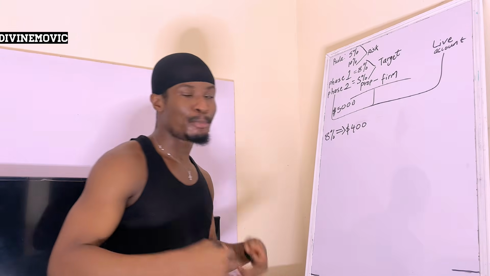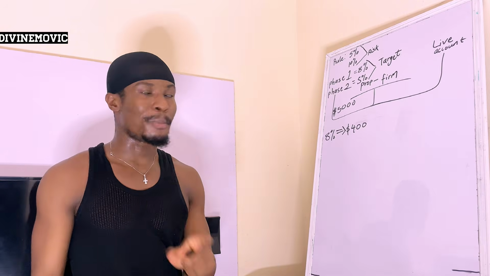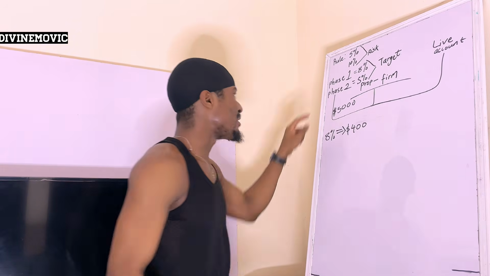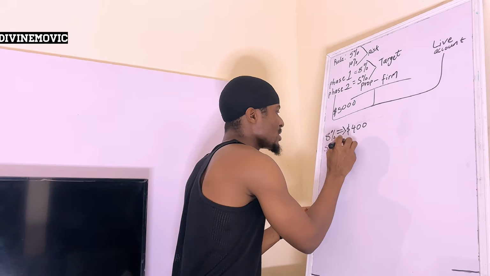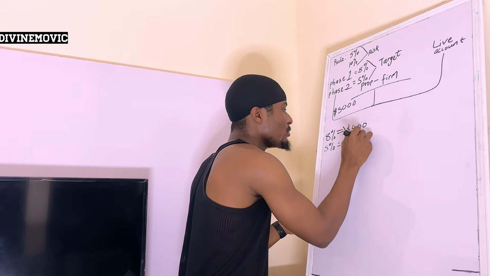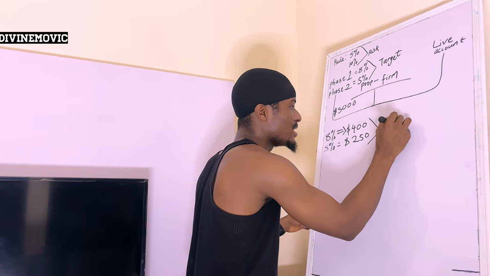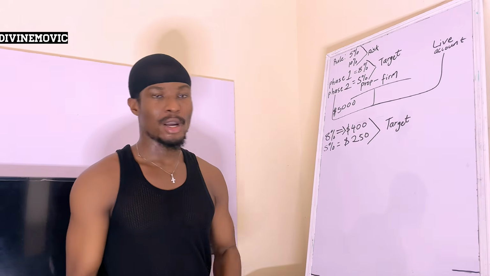That means the prop firm is telling you that for them to give you this account, you have to first of all pass phase 1 by simply making what? $400. And for phase 2, which is 5%, you have to simply make what? $250. This is your target for you to get this particular account or this money you're looking for.